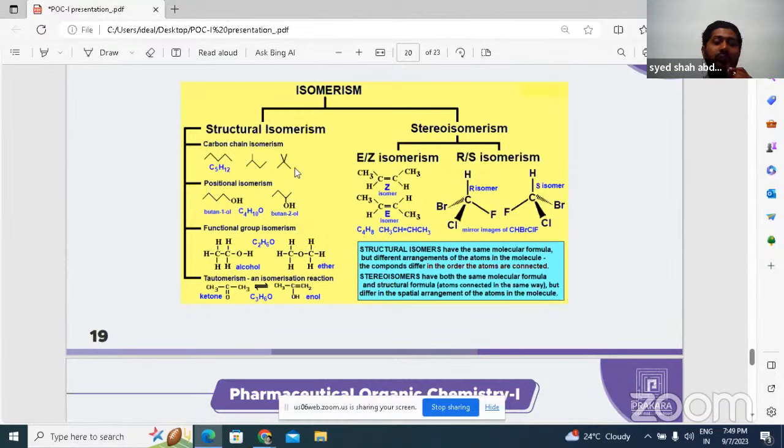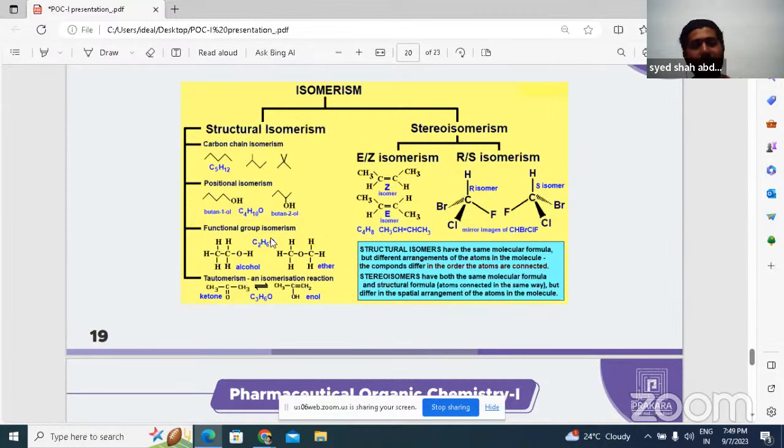They will generally ask you to write a note on structural isomerism, in which you need to write about the different types of structural isomerism. And whenever you're writing about isomerism, never forget to give an example of a compound. Okay, the example is a must. You should draw the structure, you should give an example, then only your answer will get that weightage.